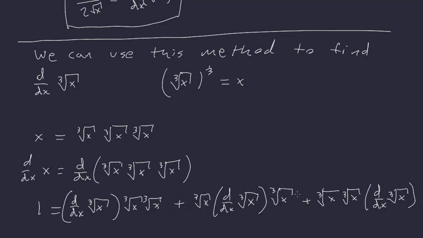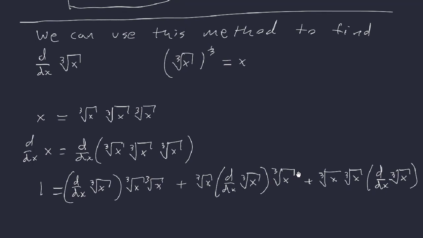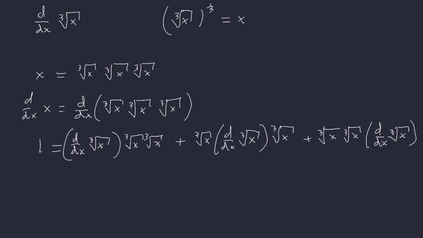Now again, I don't know what this derivative is, but we can solve for it now, because all of these terms are the same, just written in a different order. So what we have is 1 is equal to 3 times the cube root of x times the cube root of x times the derivative with respect to x of the cube root of x.